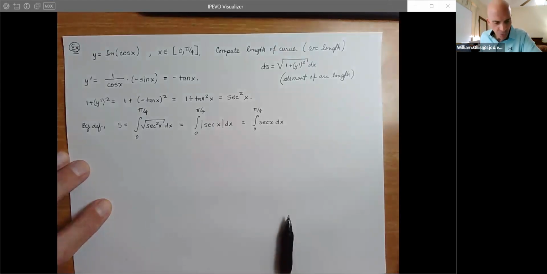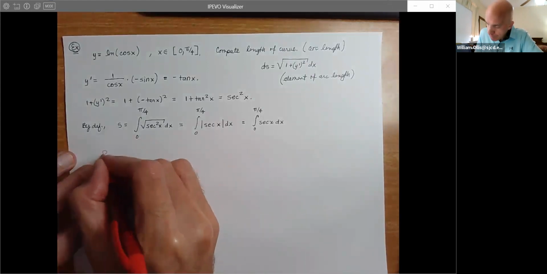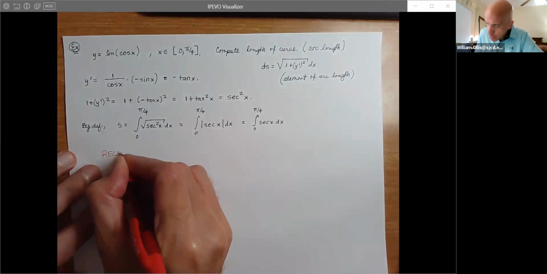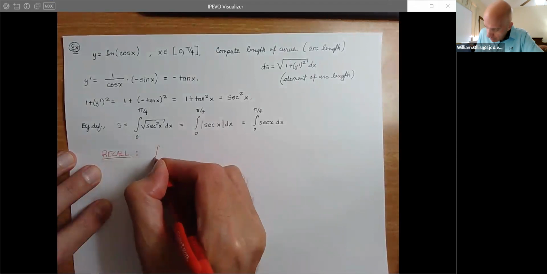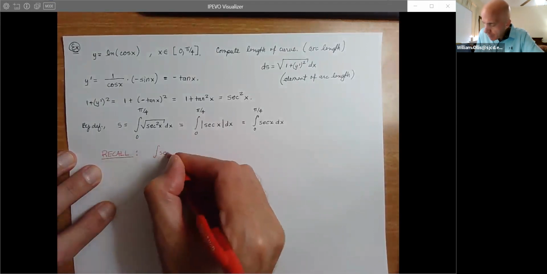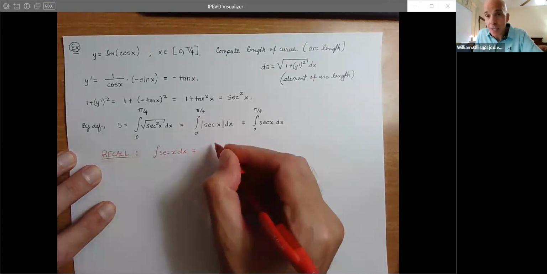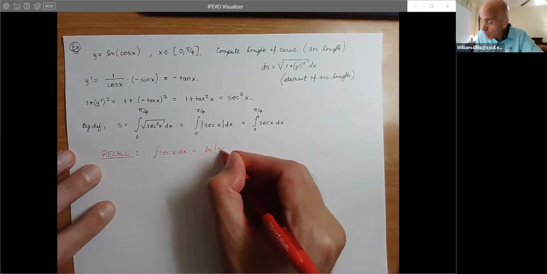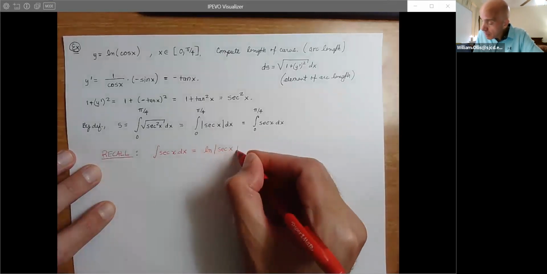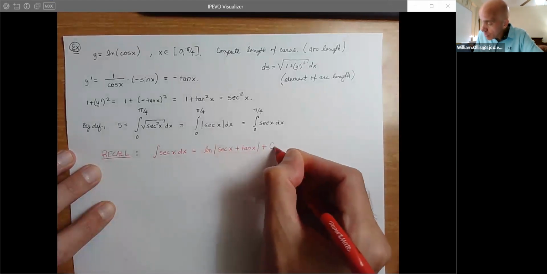I think I didn't write this in red here, but maybe I should have. Let me just say, recall, this is one of your standard integrals. Secant x dx, this is a du over u, is the natural log of the absolute value of secant x plus tangent x plus an arbitrary constant.